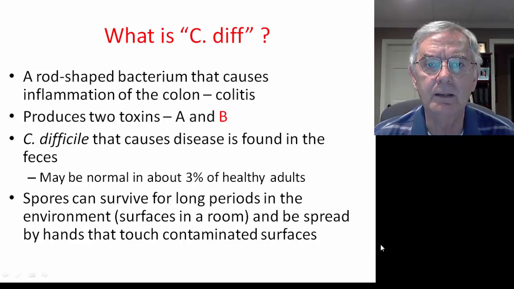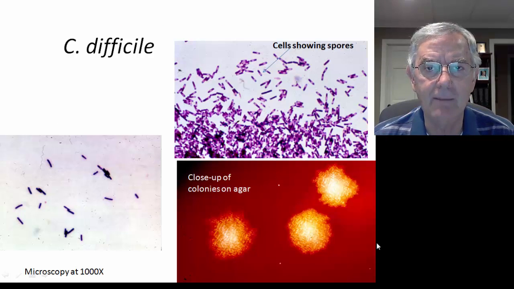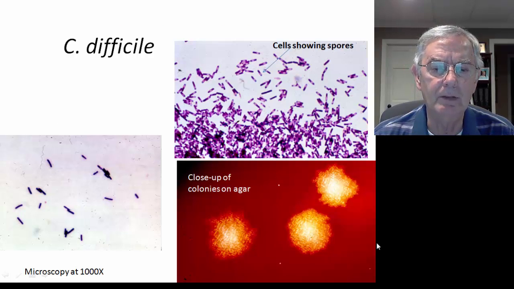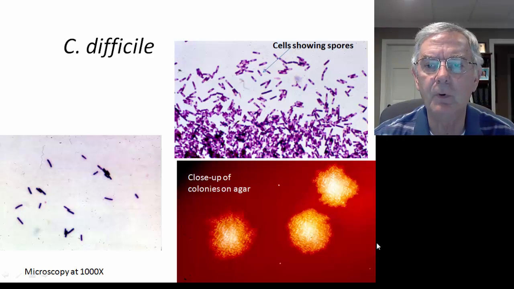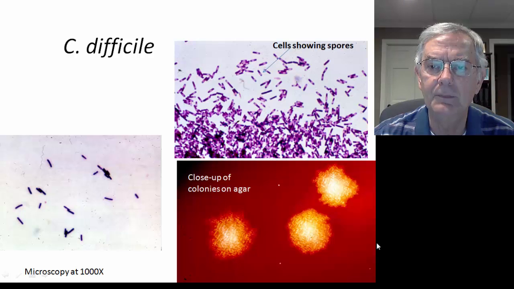Now, we've seen this organism in gram stains in the laboratory. If you look at the picture on the left, you'll find that it is this classic gram-positive rod, as you would expect any Clostridium to be. But in the top right, you begin to see the spores of this organism as unstained spaces within the gram-positive cells.